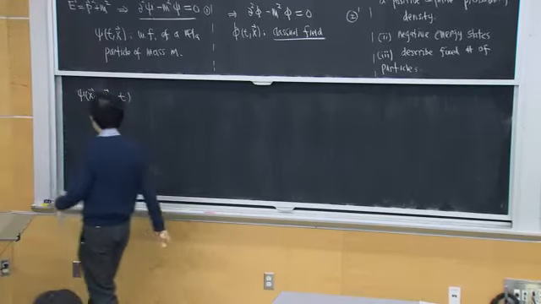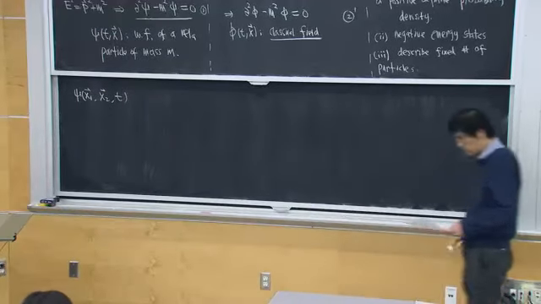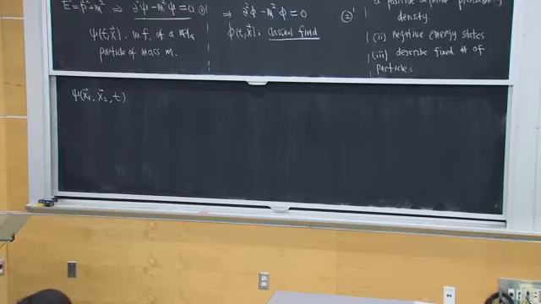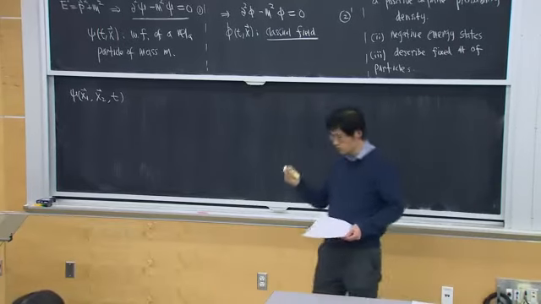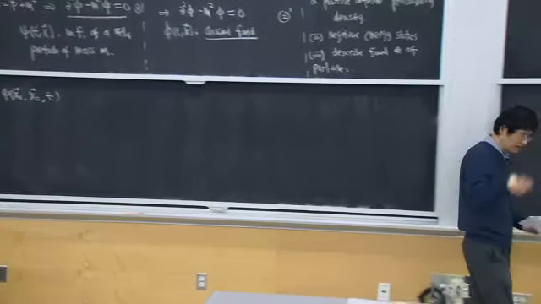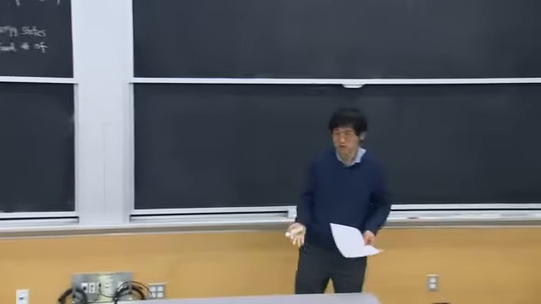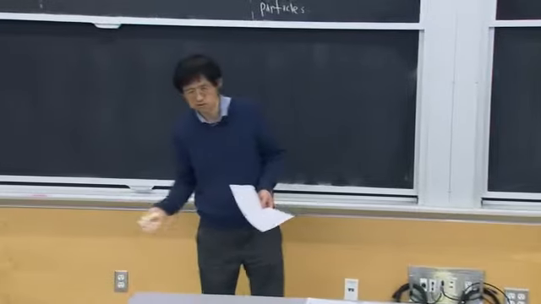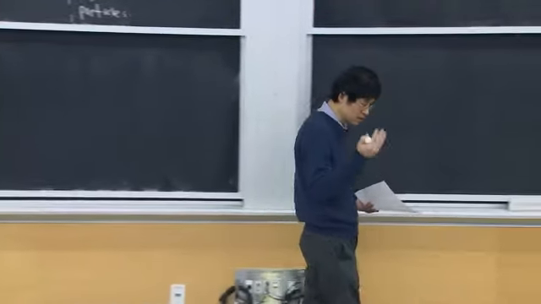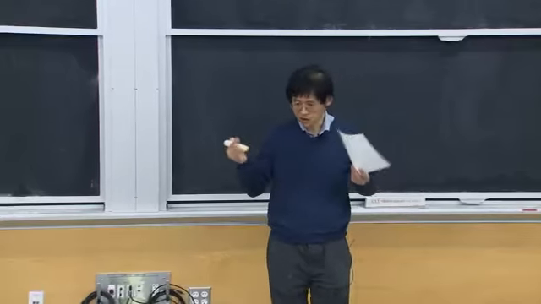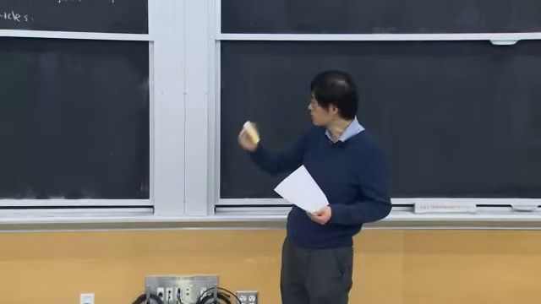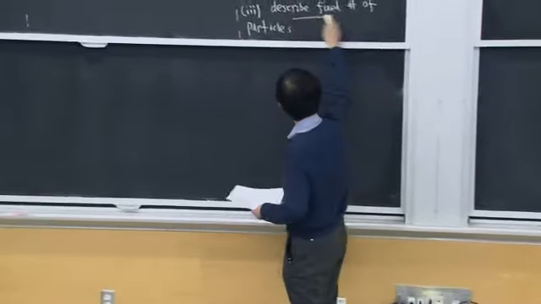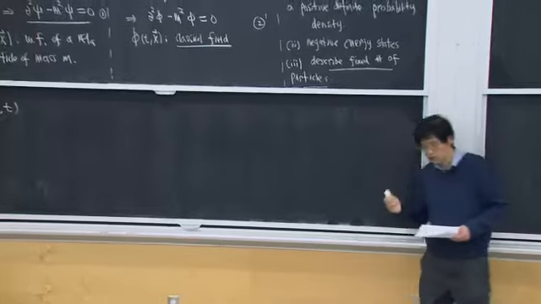But this does not really make sense in a relativistic system, because E equals mc squared: if you have enough energy, you should be able to create particles. That means the number of particles in a given process is not conserved. So if you want to use quantum mechanics to describe a process, you cannot have a formalism in which the number of particles is fixed. This is actually the most fundamental difficulty.